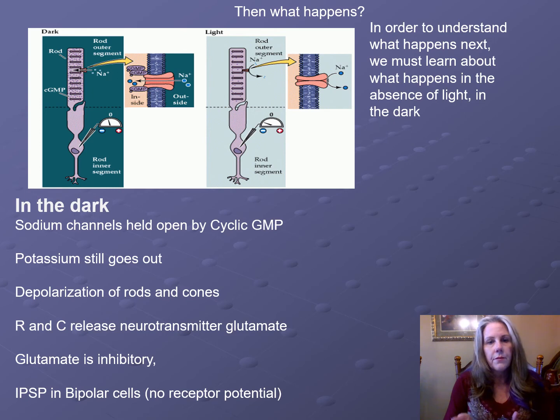So we have glutamate there in the synaptic cleft, and it gets picked up by the bipolar cell. Here at the bottom sentence, the glutamate is actually inhibitory. Remember, you learned about excitatory and inhibitory. In this case, the neurotransmitter is inhibitory to the next cell in line, which happens to be the bipolar cells.